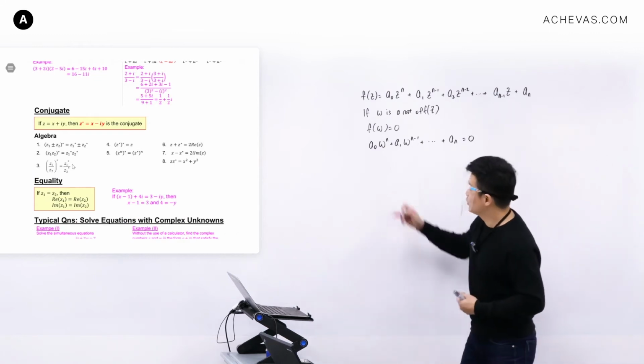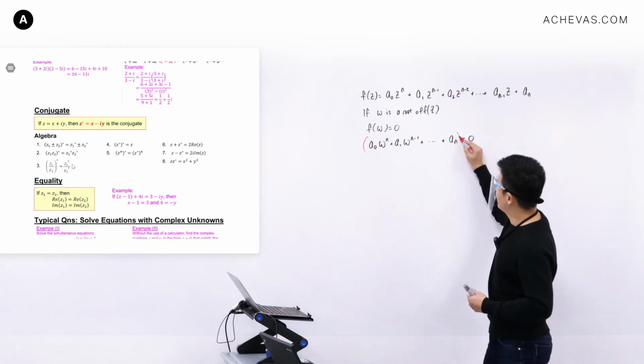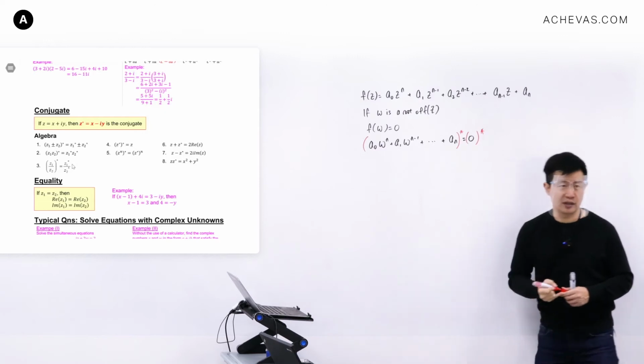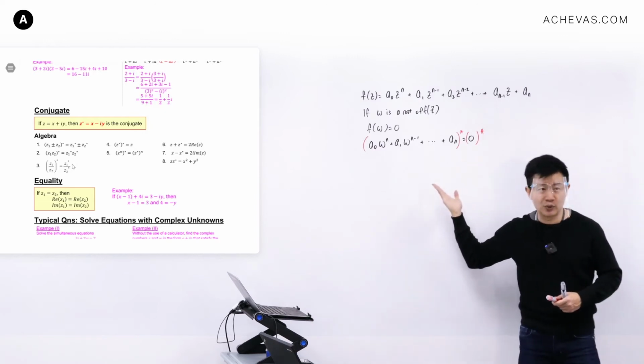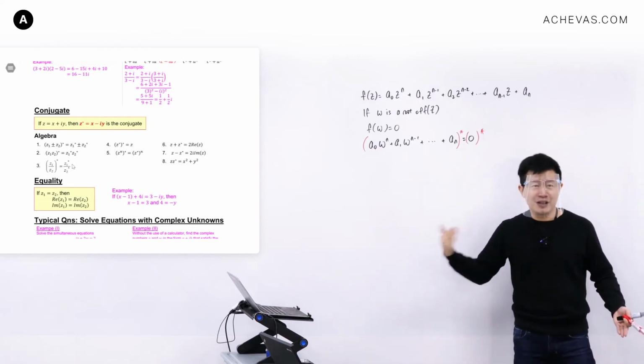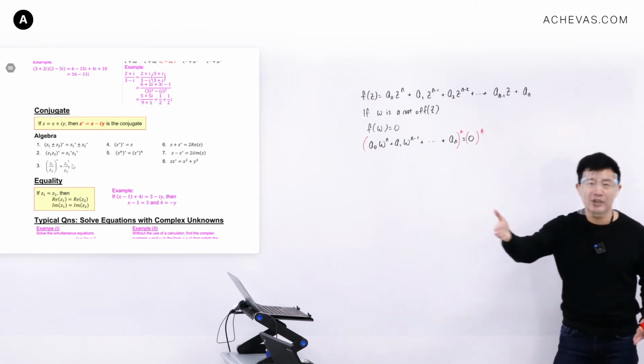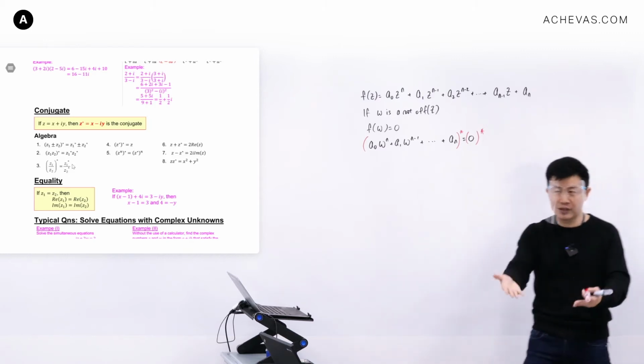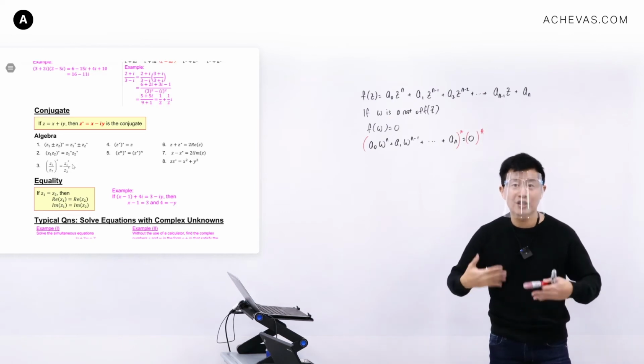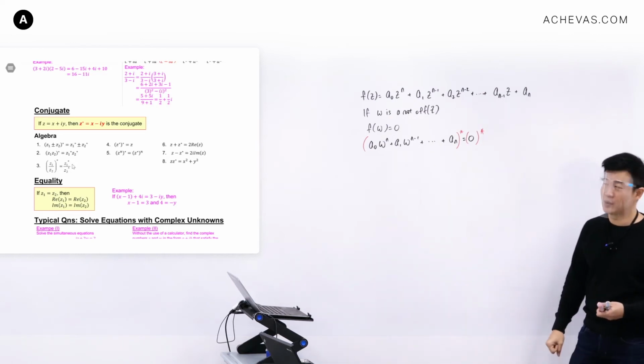So what I'm going to do is, I'm going to take this entire left-hand side, I will conjugate. I'll take this entire right-hand side, I will conjugate. Again, why do I want to do this? I don't know. The first person who did this probably had tried a few different methods and ended up realizing that, hey, this will actually work. And let me show you how this will work.